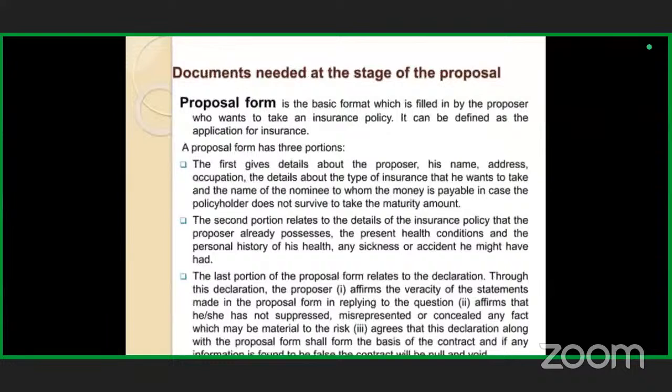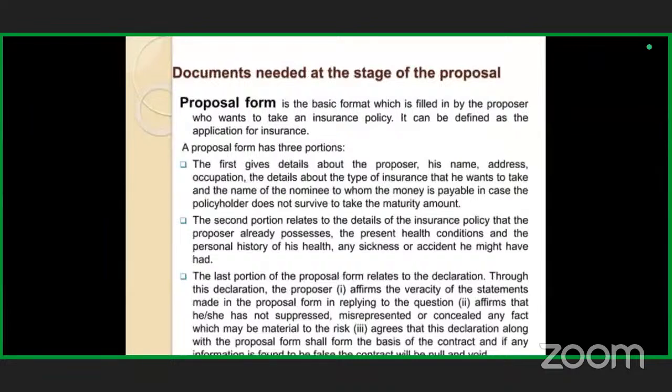He agrees that his declaration along with the proposal form shall form the basis for the contract, and if any information is found to be false, the contract will be null and void. So the terms and conditions of the insurance company will be there in the third portion of the proposal form.